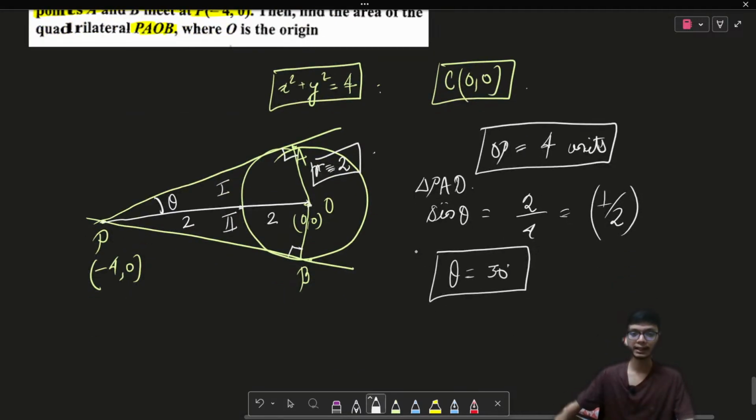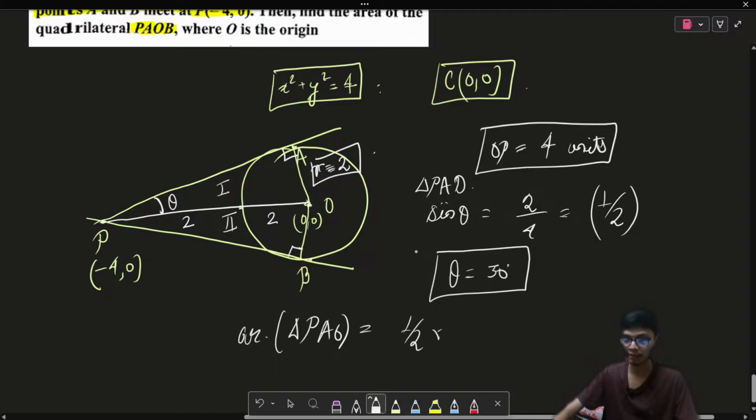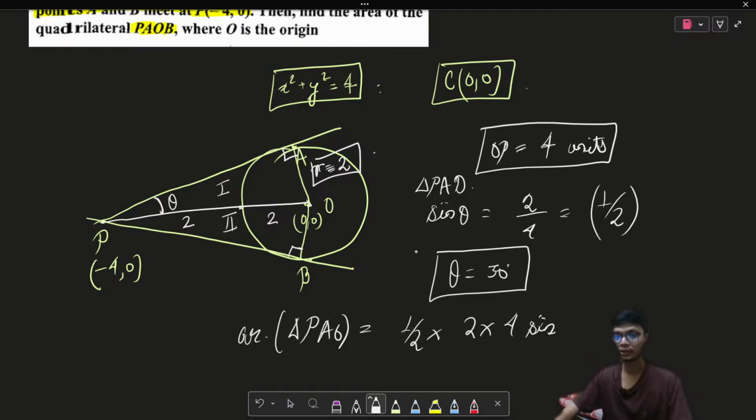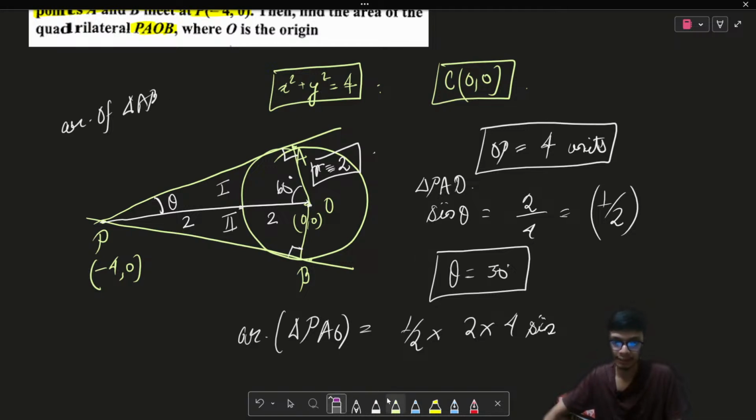Once I get the value of theta, I can easily find the area of this triangle PAO, which is equal to half into any two sides into sine of the angle between the two sides. So this is 30 degrees, this is 60 degrees. If I'm taking this PO, I'm writing over here the area of the triangle. So let us say that I know the two sides of the triangle, okay?